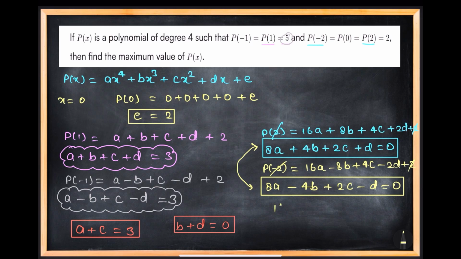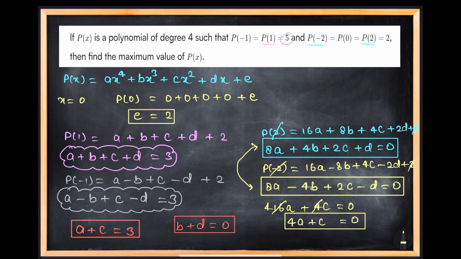So we will have 16a and then 4b gone plus 4c is equal to 0. So 4 4s are 16. So can I say that 4a plus c is equal to 0? So we have got this relationship.